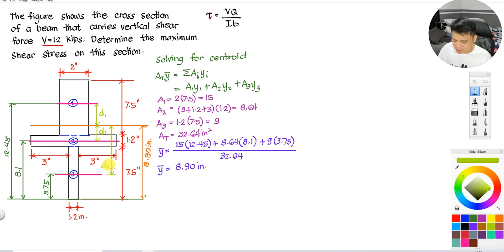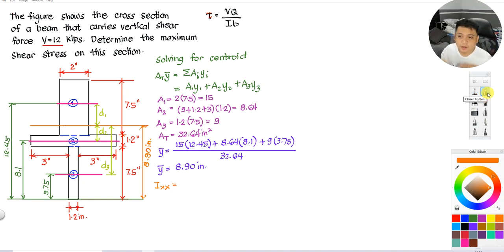So, it means, yung mga old centroid ng kada section, hindi nagko-coincide doon sa centroid ng whole cross-section. So, we need to transfer the moment of inertia. Okay? So, I will now have the IXX, para to denote that this is the composite sections.